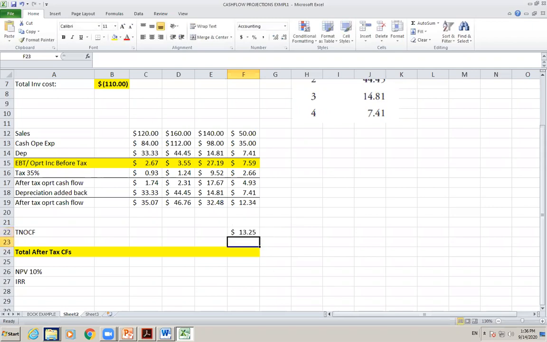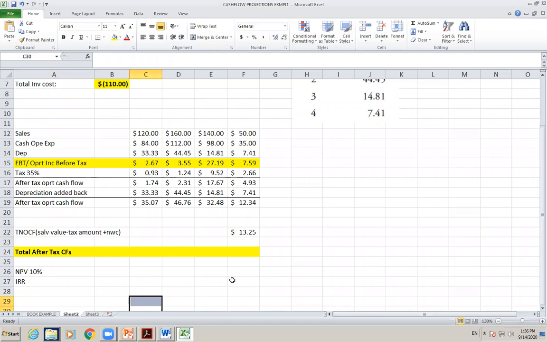Okay. So total operating cash flow is salvage value minus tax amount and plus net working capital. But the tax amount of the salvage value, okay?